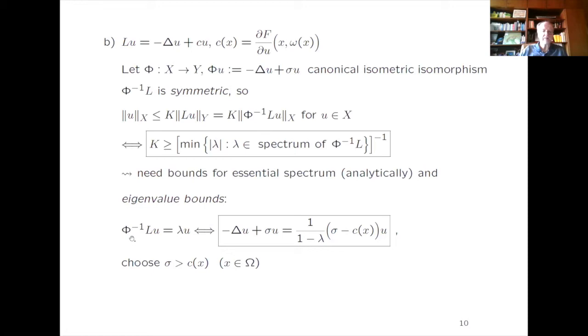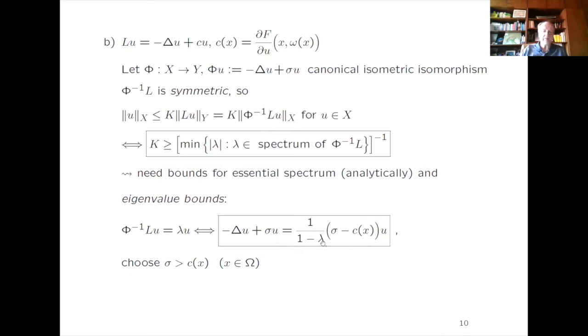First, we multiply by phi to get rid of this inverse operator. Then we have Lu equals lambda phi u, and we rearrange terms a bit and arrive at this. Here is the sigma, which is the parameter from the inner product. And here is the coefficient c of x.